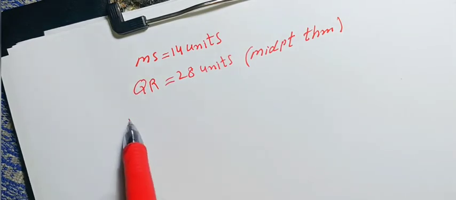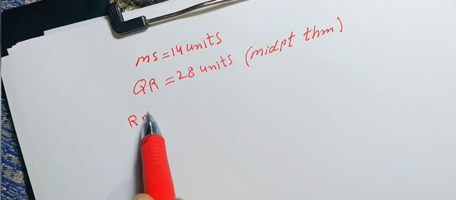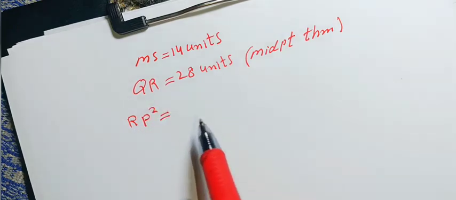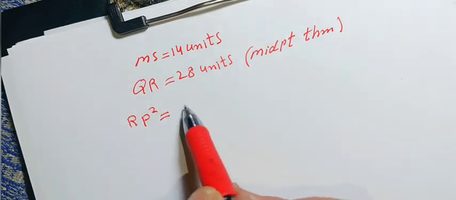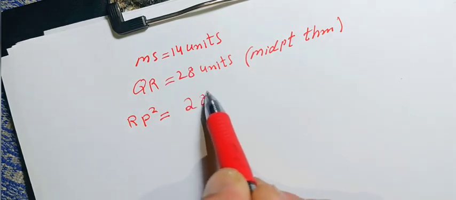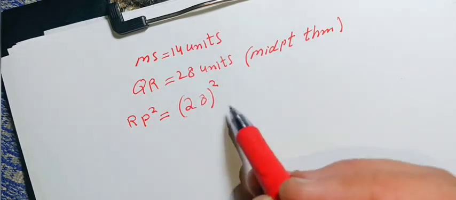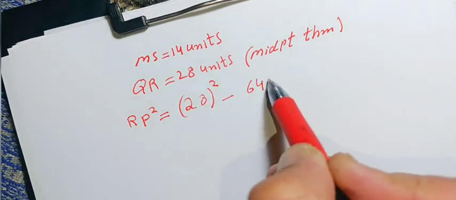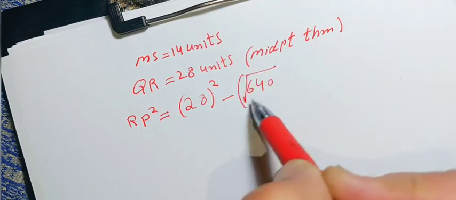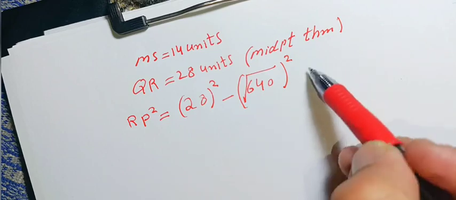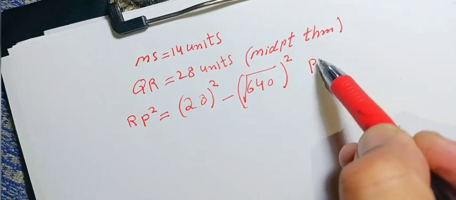Now RP square is going to be equal to 28 square, QR, minus root 640 squared. We apply the Pythagoras here.